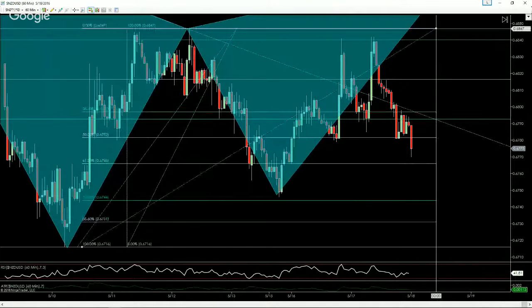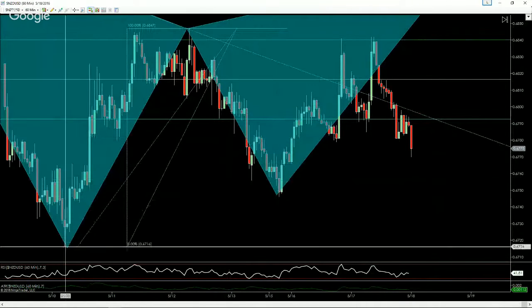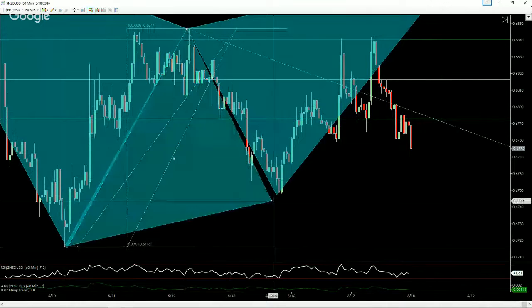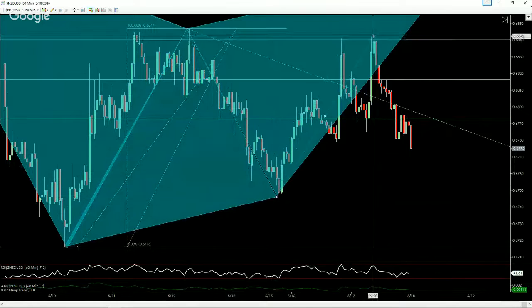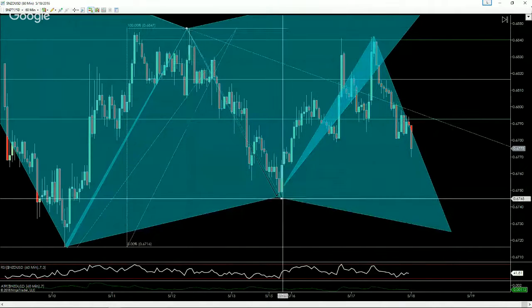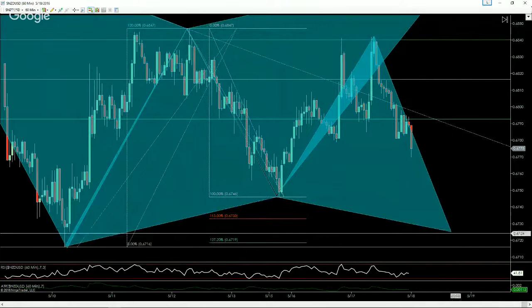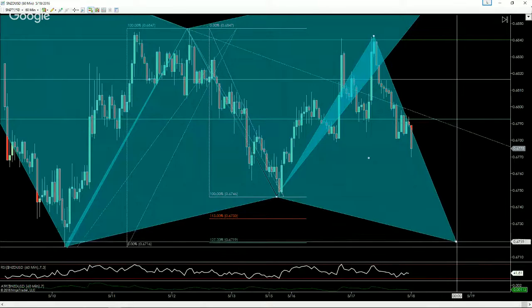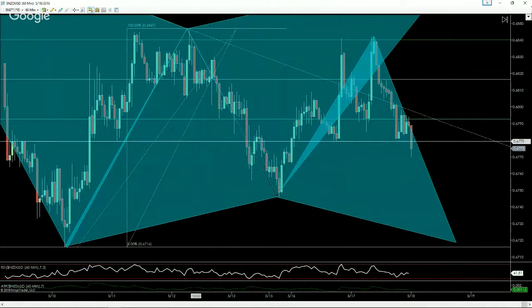But we do have another pattern. Let's see. Yep. You have another pattern right here on our 60-minute chart. Use this high because that's the higher high. Let's check this. There you go.